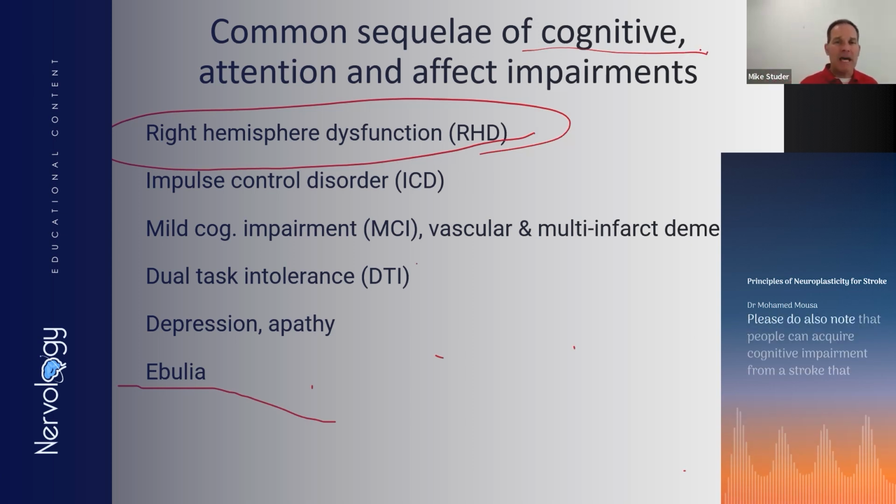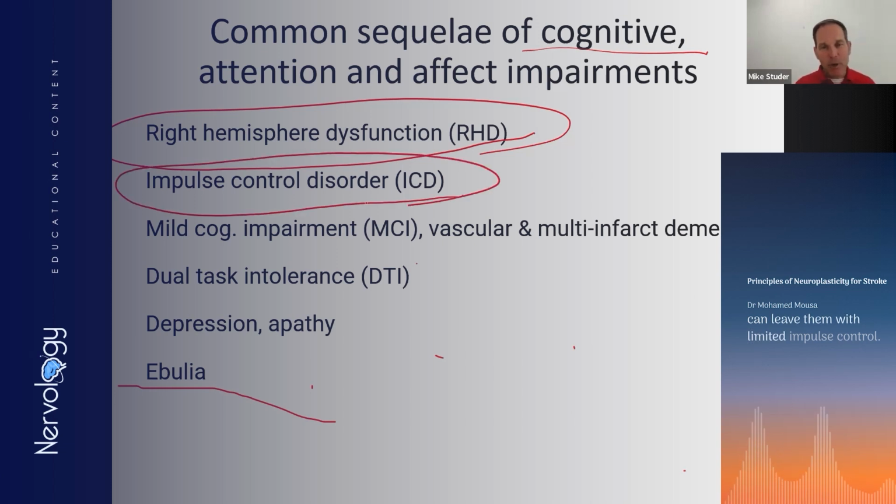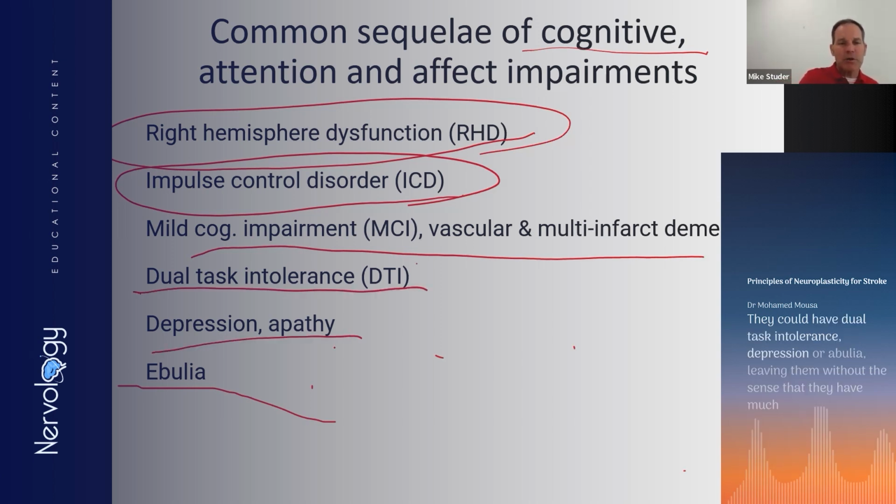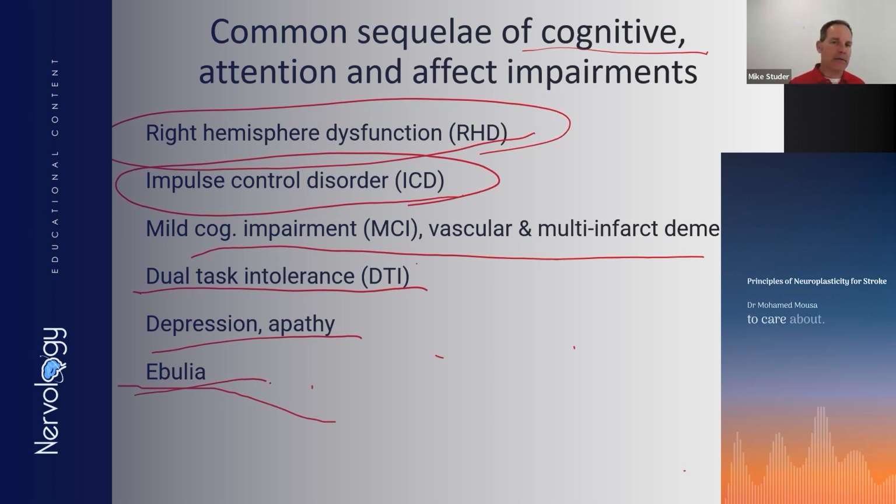Please do also note that people can acquire cognitive impairment from a stroke that can leave them with limited impulse control. They're not behaving safely or taking their time. They could also have cognitive and dementia-like impairment from a stroke. They could have dual task intolerance, depression, or ebulia, leaving them without the sense that they have much to care about.